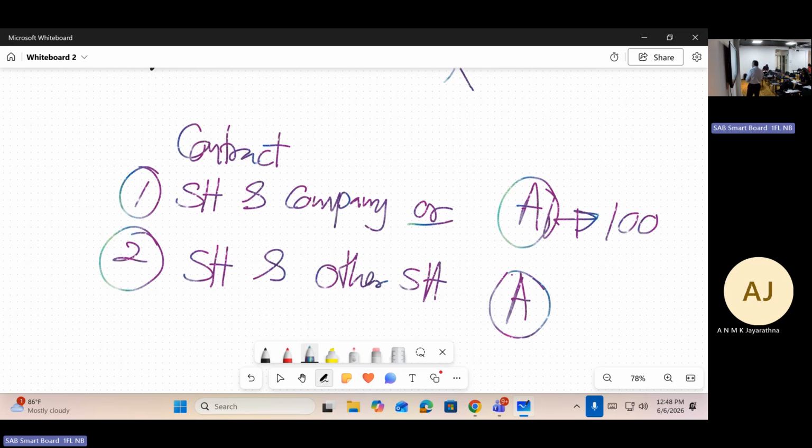However, without giving the choice to the existing shareholders, they are B and C. Without giving the choice to the existing shareholders, this shareholder A sold his shares to another party called X.